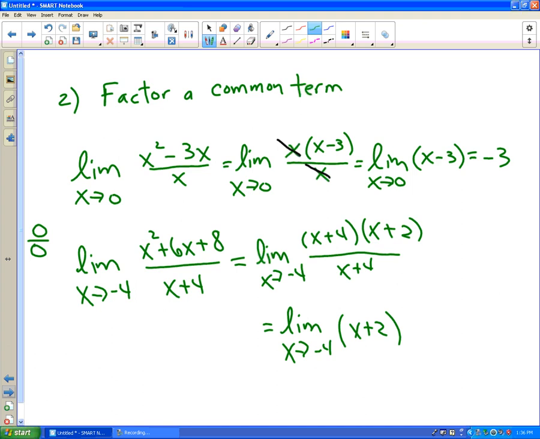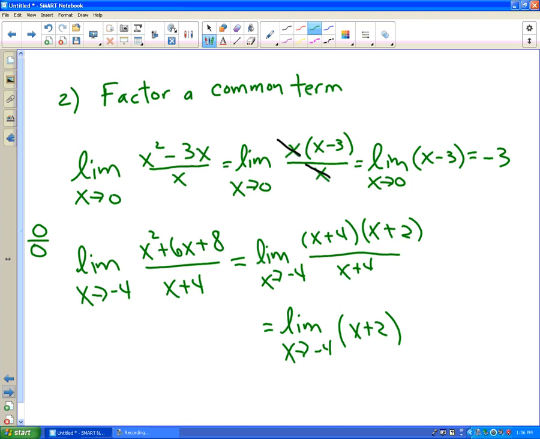So algebra is nothing more than taking something and reducing it down to simpler forms. The concepts of algebra are based on a book whose translation is basically reduction and simplification. So as you take something complicated, like we took x squared plus 6x plus 8, we reduced it to this, and that allowed us to simplify the expression down.